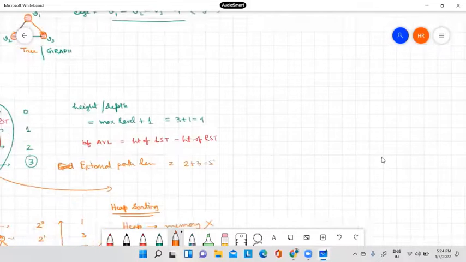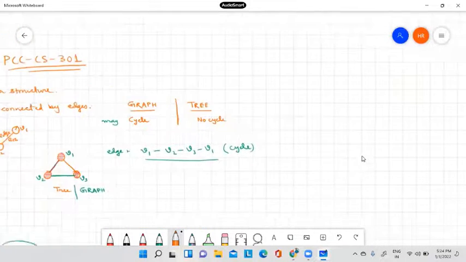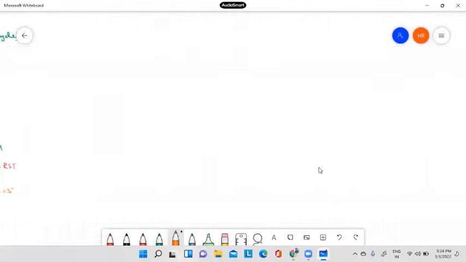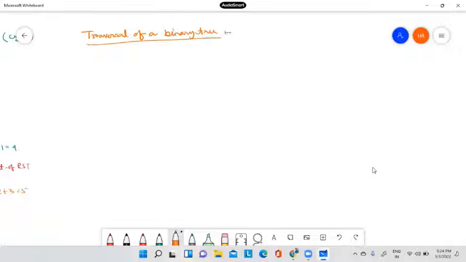Now we will discuss another very important thing about binary trees, that is called traversal. This is very important. Traversal of a binary tree. What is the meaning of traversal?